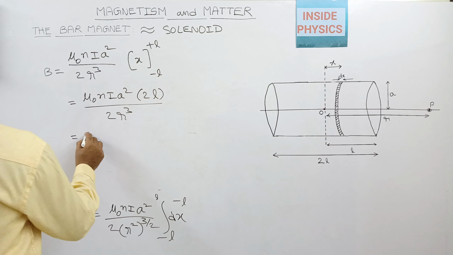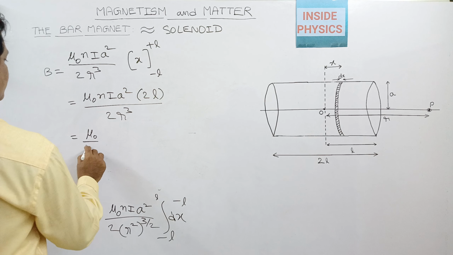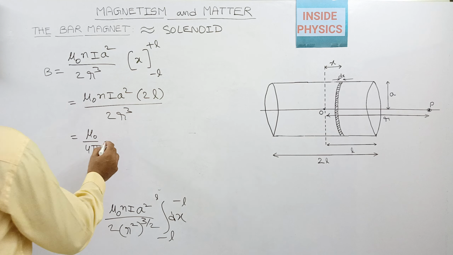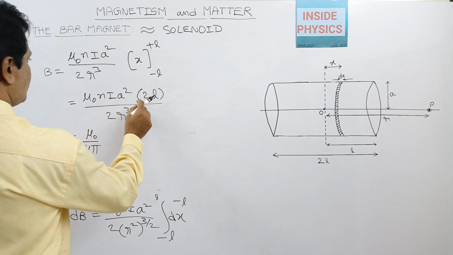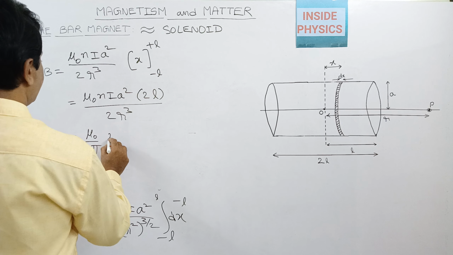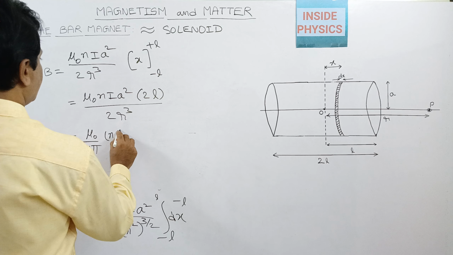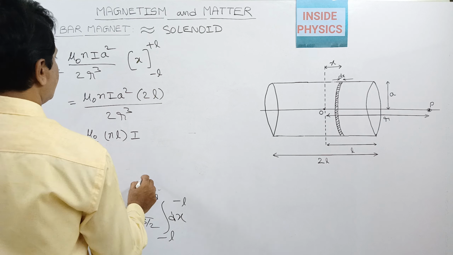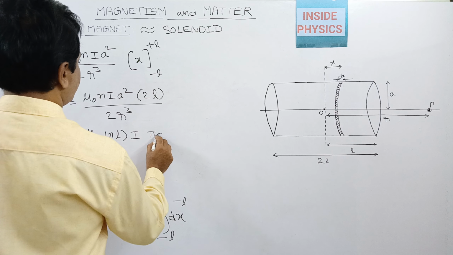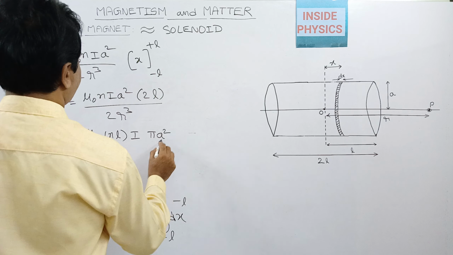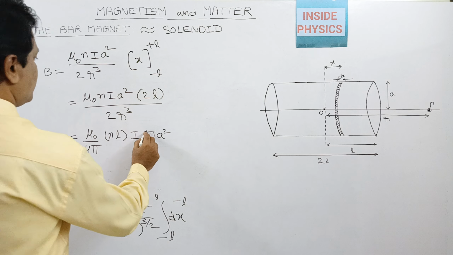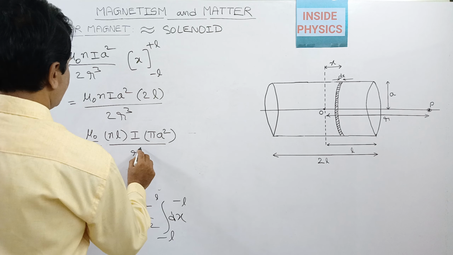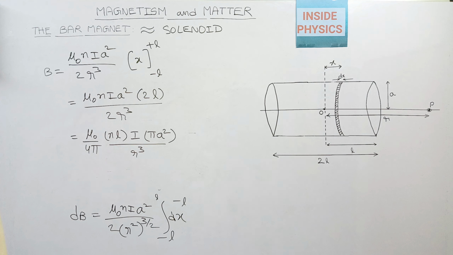Then here we can write mu naught by 4 pi into this n into L, and I, this we can write as pi a square by r cube.